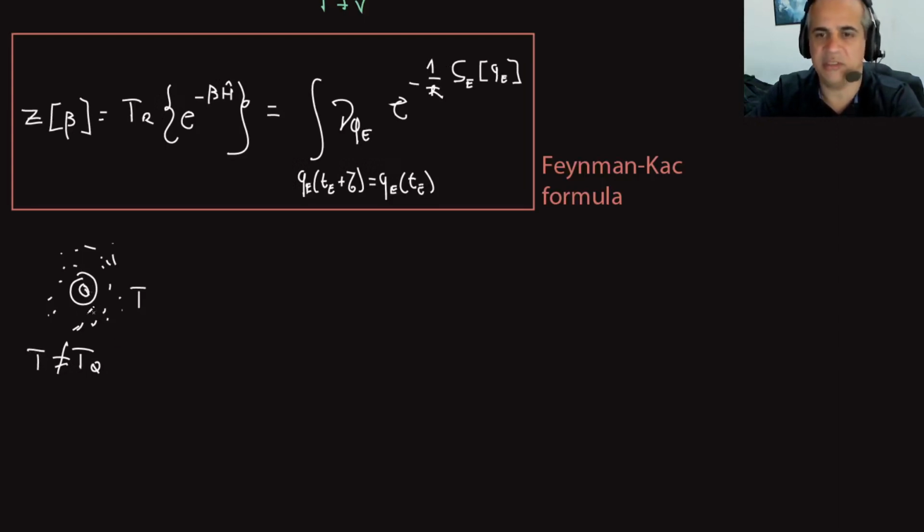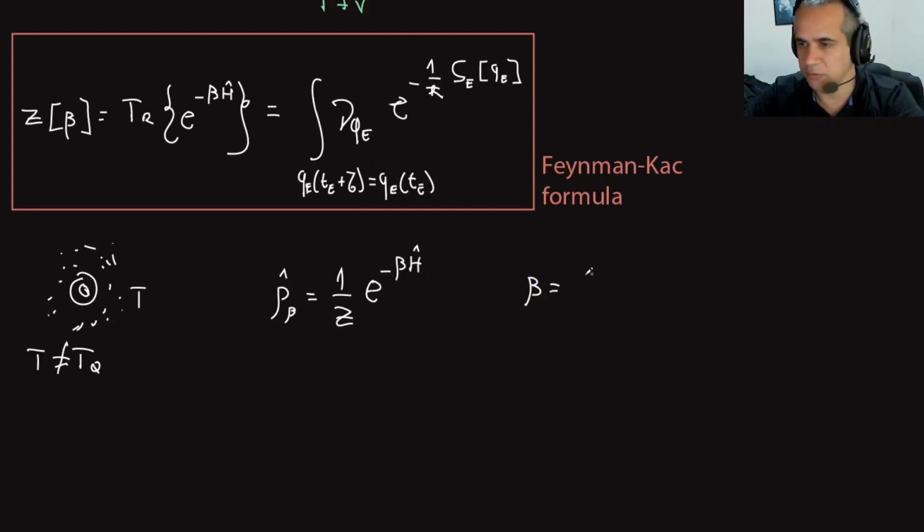Now I have a quantum particle in contact with a thermal bath at temperature T. We know that the statistical mechanics of quantum systems is set by this density matrix, which is defined as 1 over Z. This is a normalization, but I'll soon prove that the Z that shows up here is the same we have been using before, times the exponential of minus beta h, where beta is 1 over k_B T, this temperature, the real temperature of the bath.